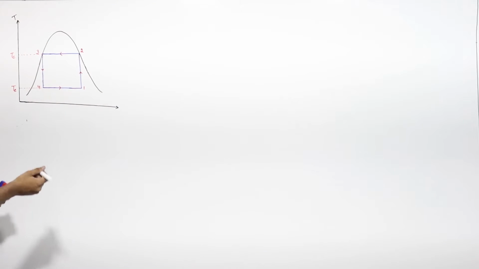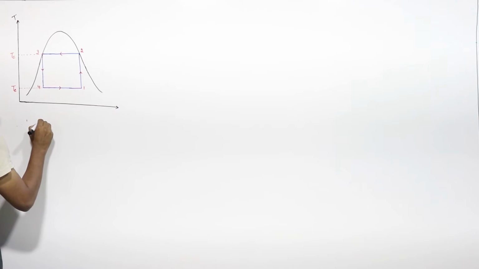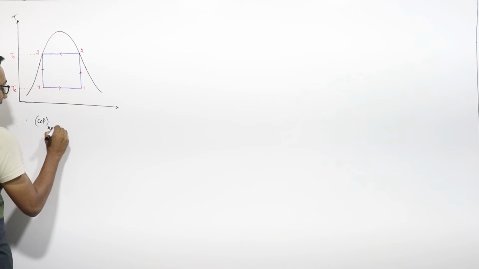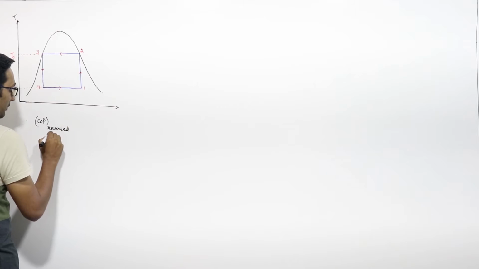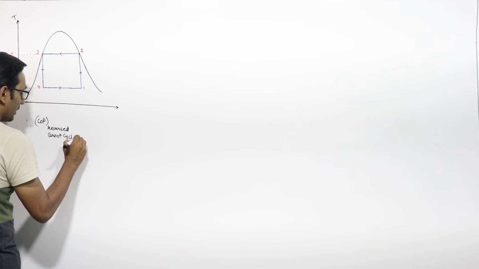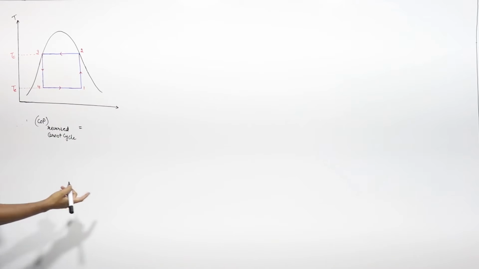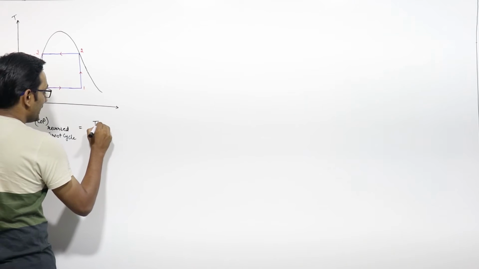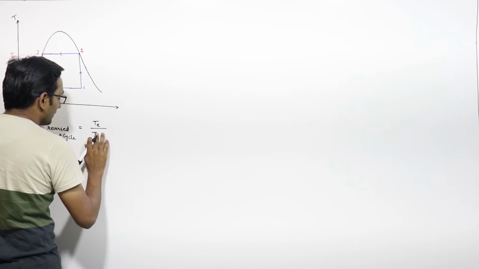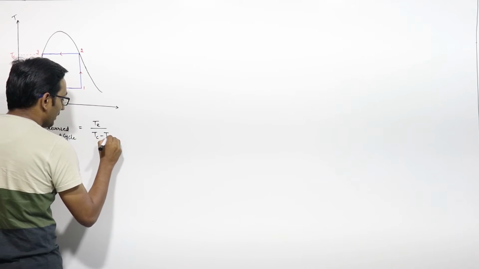Now if I write again, we already solved for this, that the COP of a reversed Carnot cycle comes out to be T lower upon T higher minus T lower, that is TE upon TC minus TE.